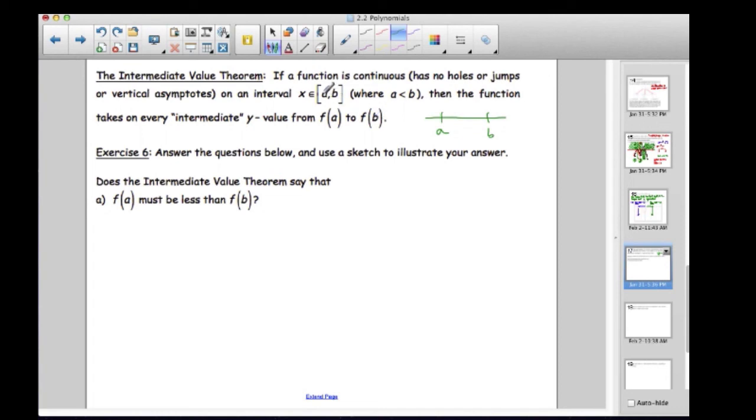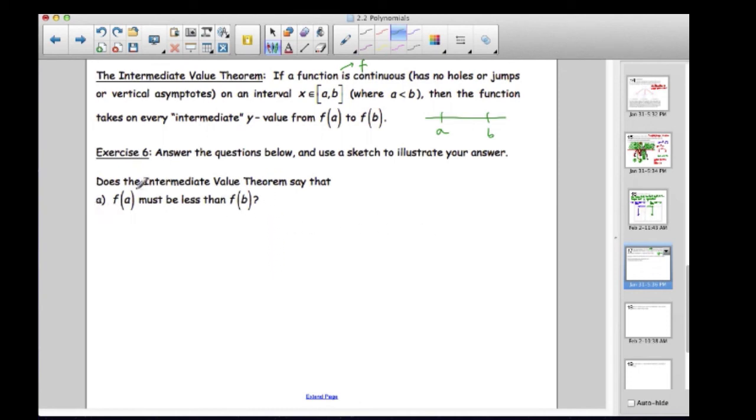So if a function f is continuous, we want to relate it to this letter here. When x is a, then the y-coordinate is f of a, and when x is b, the y-coordinate is f of b. So let's take a look at some clarifying questions to really understand the intermediate value theorem.